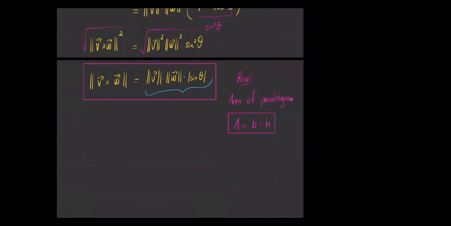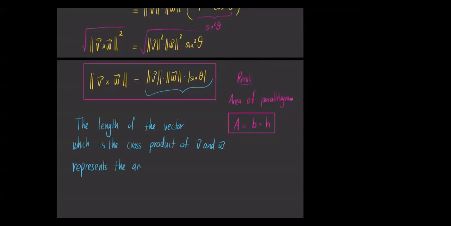That's the punchline. So the length of the vector, which is the cross product of v and w, represents the area of the parallelogram spanned by the vectors v and w.